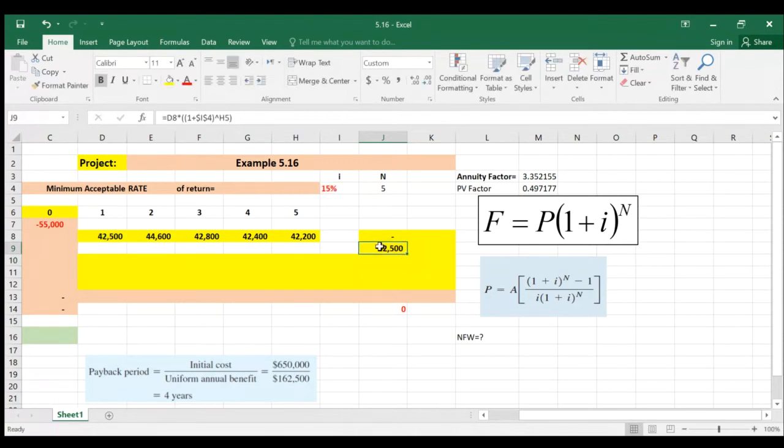F equals P, present value 42,500. Sorry. Now, after 5 years, what is the future value of this amount, right? So, using this formula, P is 42,500, i is 15%, n is 5. Because after 5 years, right? How many years from here until here? There are 5 years.